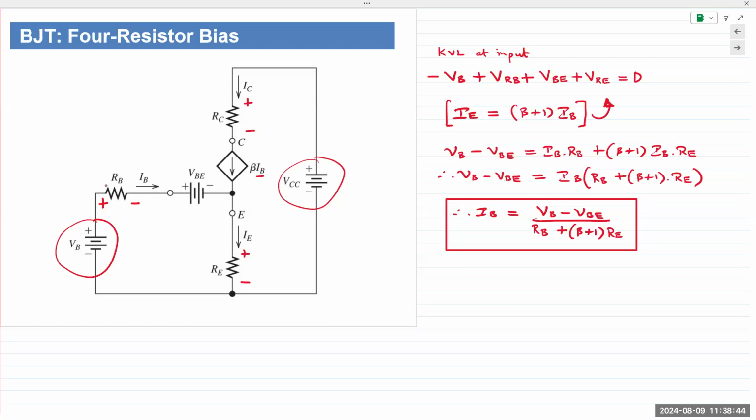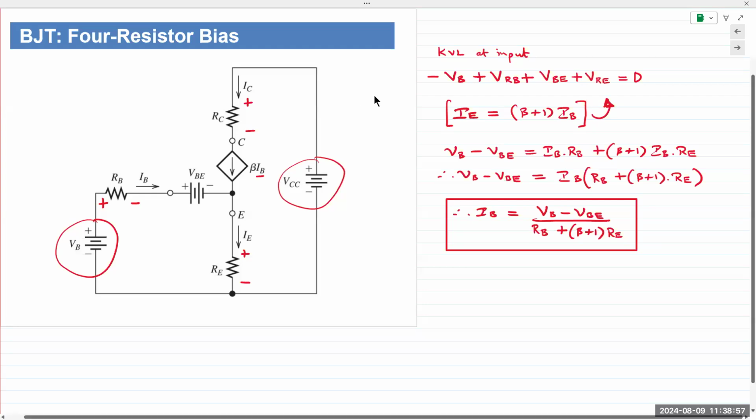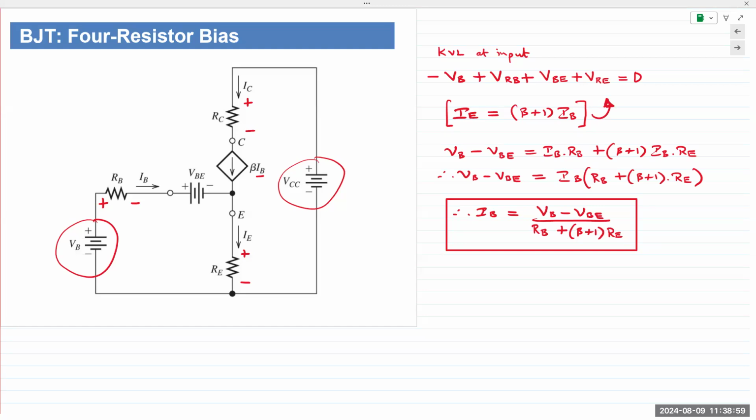Same standard approach. Okay, we just have a model, different biasing circuit, but we apply KVL to the input side and we solve to obtain an equation for IB. Okay, so let's take a pause. Let me know if you have any questions.